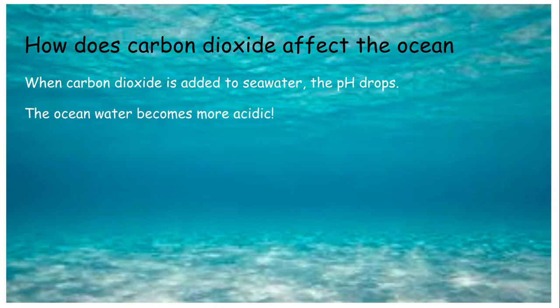For some reference on how quickly this is occurring, over the past 2 centuries, about 200 years, from the time the Industrial Revolution began and we started burning coal like it was going out of style, to present day, the ocean pH has dropped from 8.2 to 8.1. And you might be saying, well, that doesn't seem like a whole lot. That's 1/10 of a point.